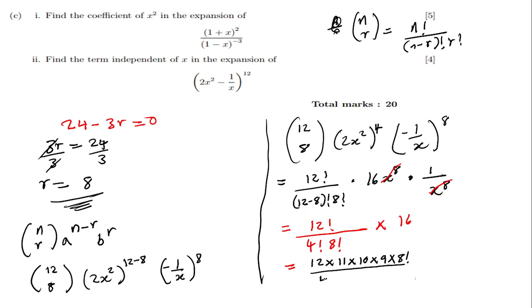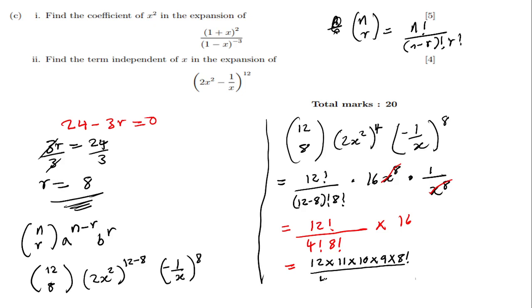So after you do that, I think you guys can easily even work on that. And here it's simple now. So you're going to get that one and that one out. So the 8 factorial will go out. When it goes out, 4 factorial will simply be equal to 4 times 3 times 2 times 1.